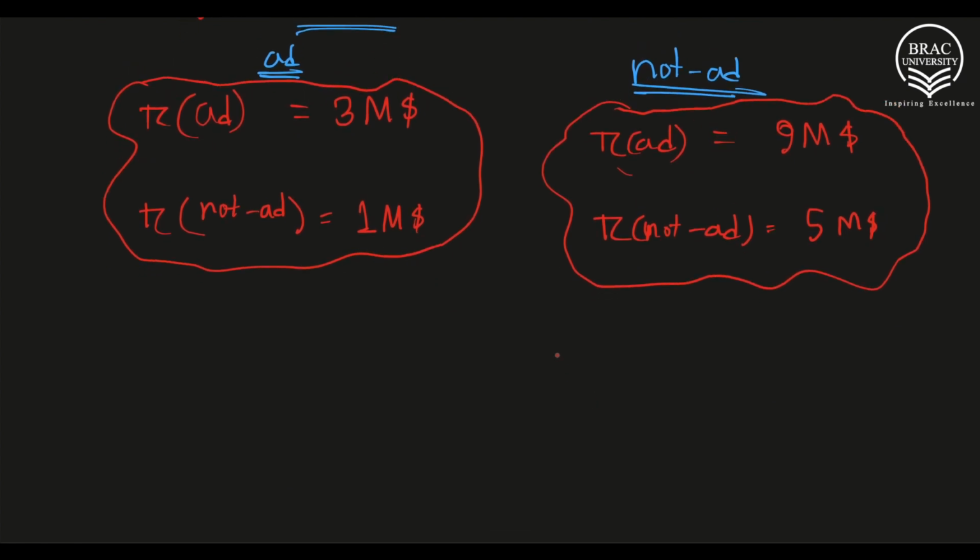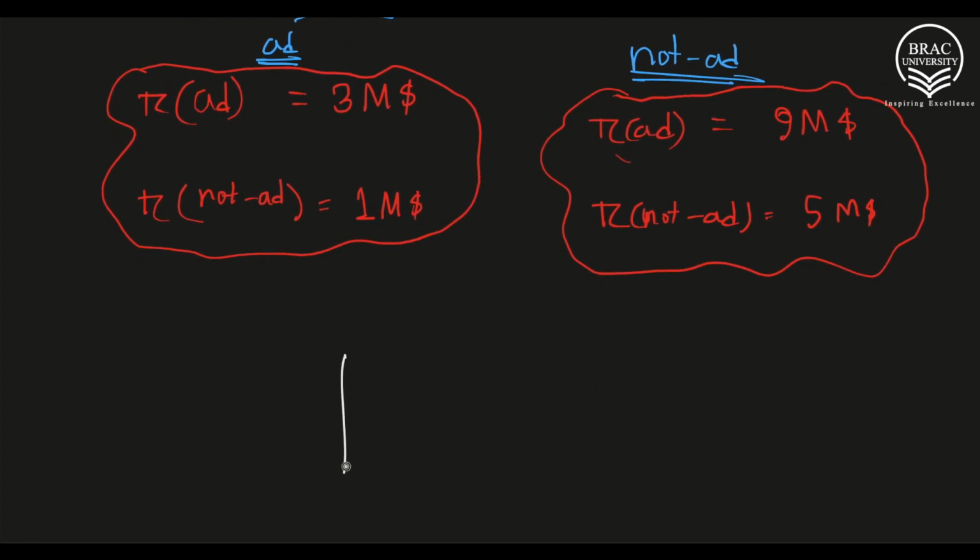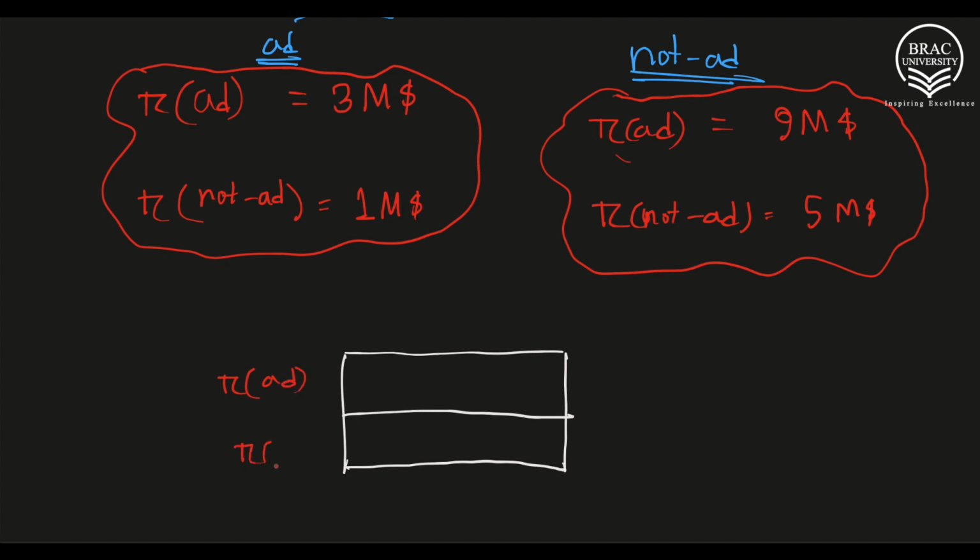So in this case, we can write it in a tabular form. In the rows, we will write all the possible actions: the payoff for advertisement, the payoff for not advertisement. We will split into two columns. If Pepsi decides to advertise, then the payoff function would look like $3 million and $1 million.